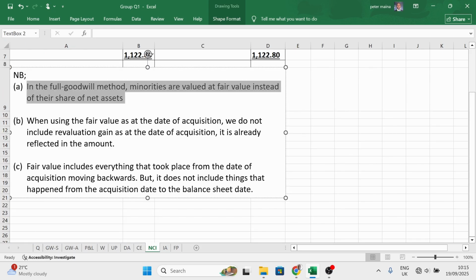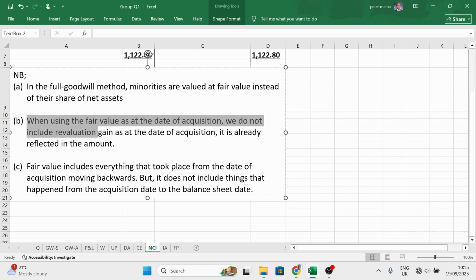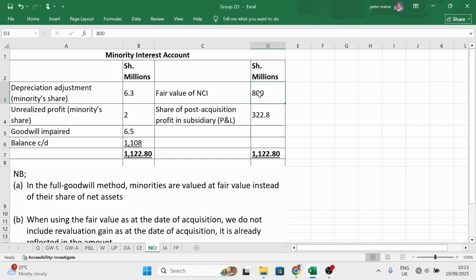Another thing you are supposed to note, when using the fair value as at the date of acquisition, we do not include revaluation gain as at the date of acquisition because it is already reflected in the amount. Once you have the 800, the fair value, this is already reflecting the revaluation gain, so there is no need of including the revaluation gain again here.